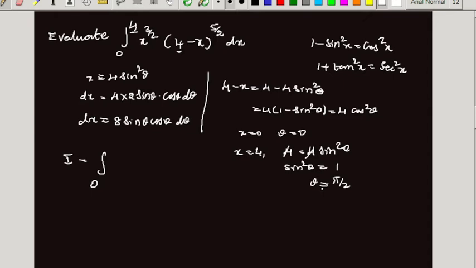So we apply the limits, and we get 0 to pi by 2.